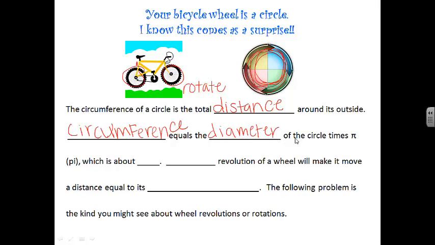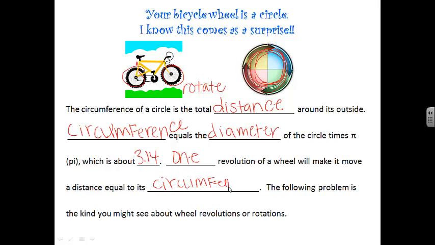Circumference equals the diameter of the circle times 3, which is about 3.14. And we just talked about that in the last slide. So 1 revolution of a wheel will make it move a distance equal to its circumference.